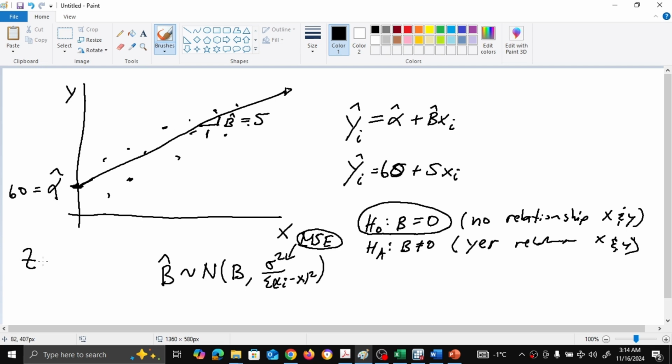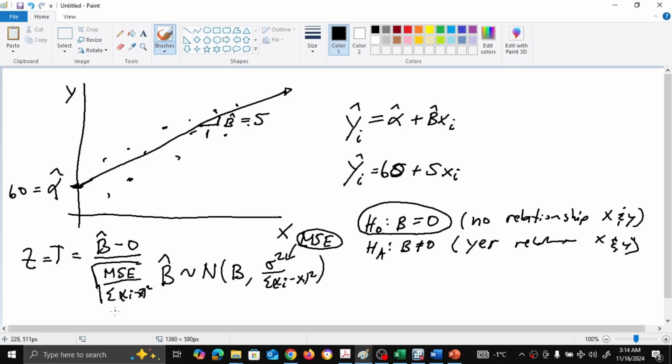So you can compute the z-value, if you like, which is also equal to the t-value in terms of computation, okay? Basically, it's equal to beta hat minus 0 divided by the standard deviation of beta hat. And what is the standard deviation? It is the square root of this mean square error divided by the sum of the xi minus x bar squared, okay, like this.